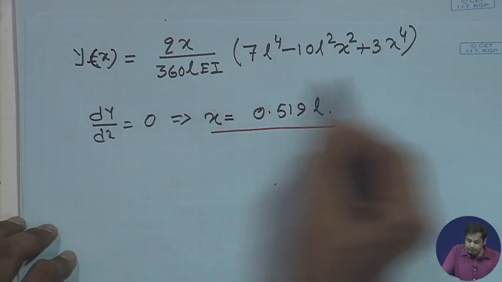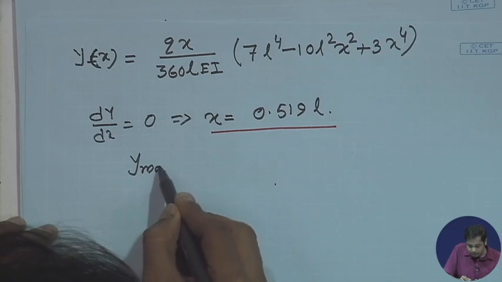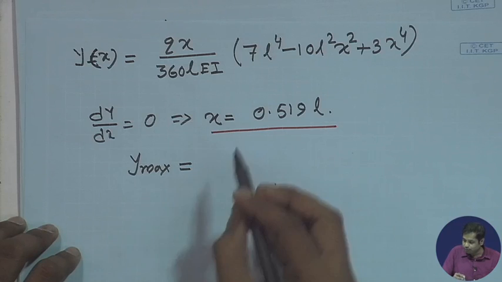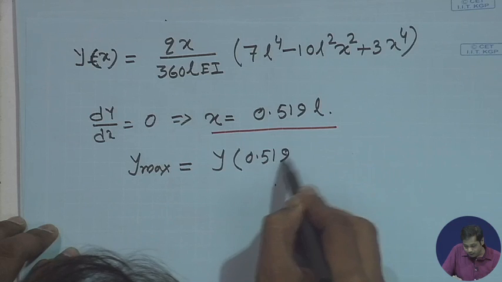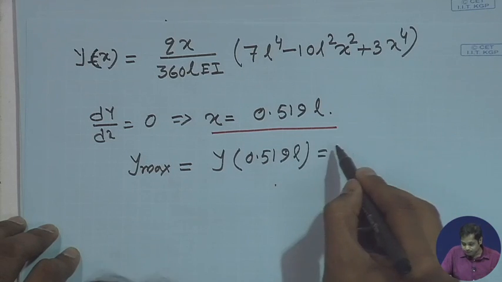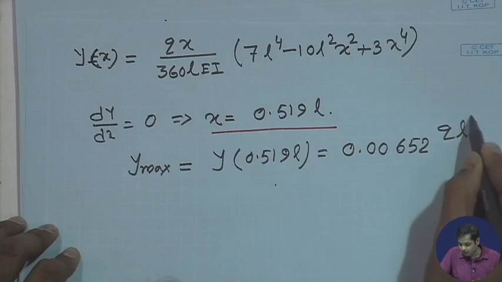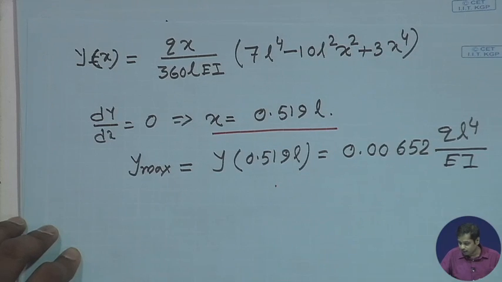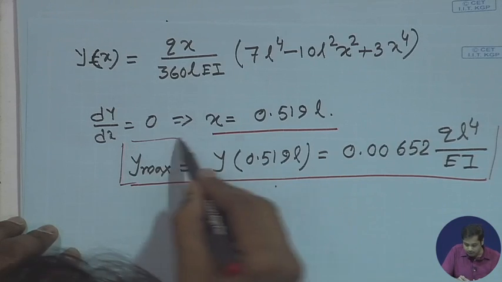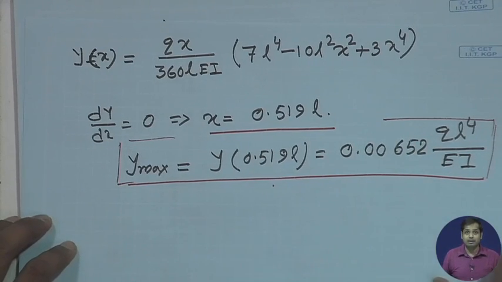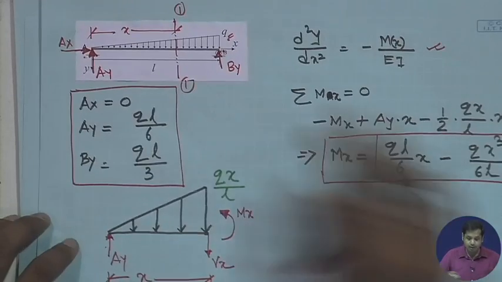And if you evaluate y at this x, then we get y max or delta max, which is equal to y at 0.519L, equal to 0.00652. Please check these values. Do not take whatever results I am writing here for granted. Please check yourself whether these results are correct or not. So, this is the maximum y value for this problem.